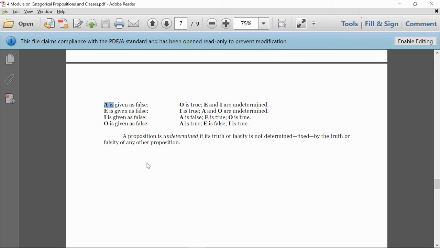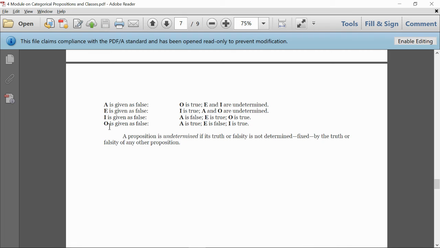If an A proposition is false, then proposition O is true, and propositions E and I are undetermined. If proposition E is given as false, proposition I is true, and propositions A and O are undetermined. If proposition I is given as false, proposition A is false, and both propositions E and O are true.